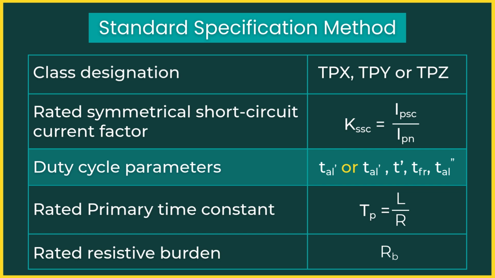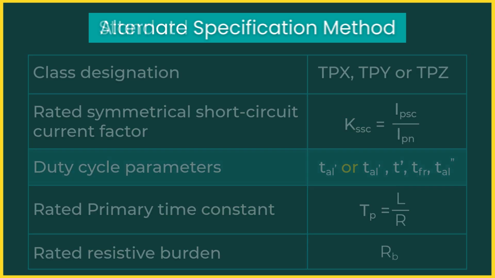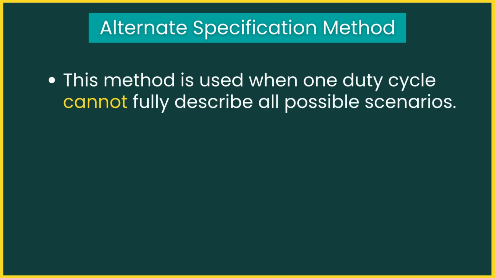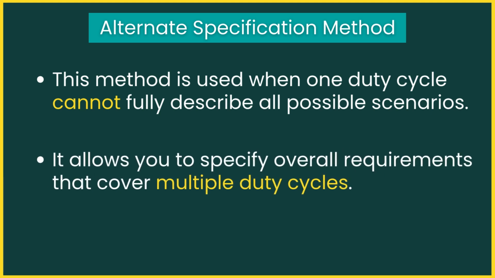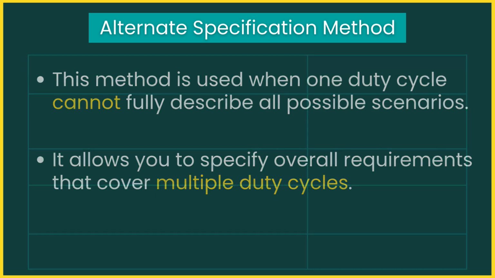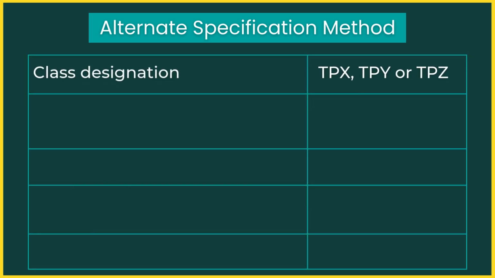With the standard method understood, let us now look at the alternate specification method. This method is used when one duty cycle cannot fully describe all possible scenarios. It allows you to specify overall requirements that cover multiple duty cycles. In this method, we specify the following: class designation.